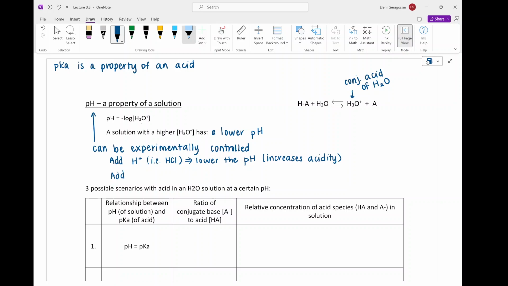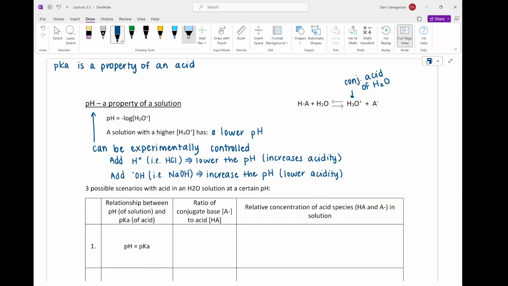Someone could also add base OH minus, for example, NaOH. This is a strong base, and this would increase the pH or lower the acidity. Okay.